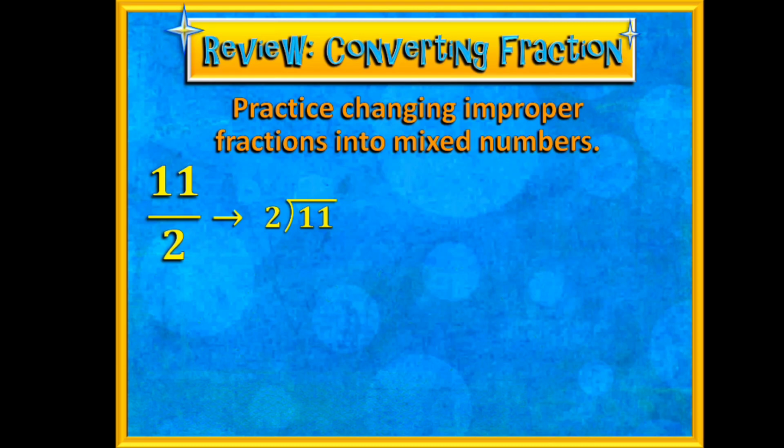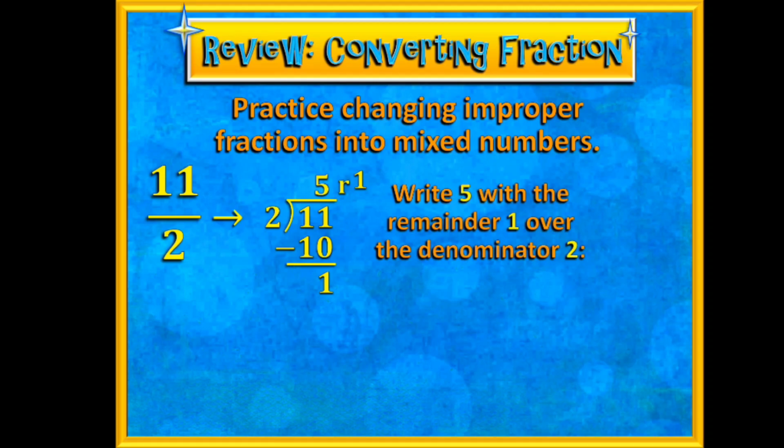To do that, you just have to divide 11 by 2, the numerator by your denominator. So 11 divided by 2, we have 5. 5 times 2 is 10, minus 10, 1. So 5 remainder 1.